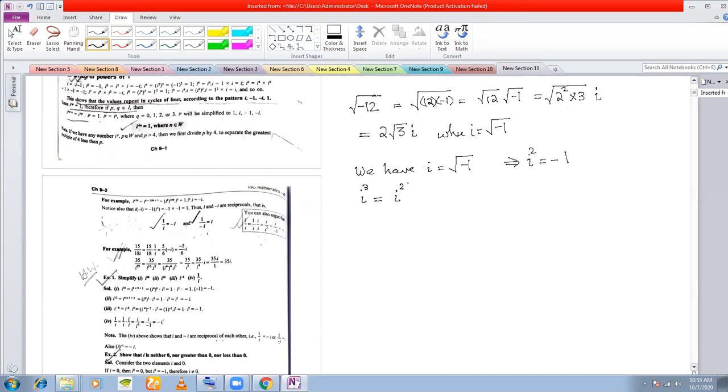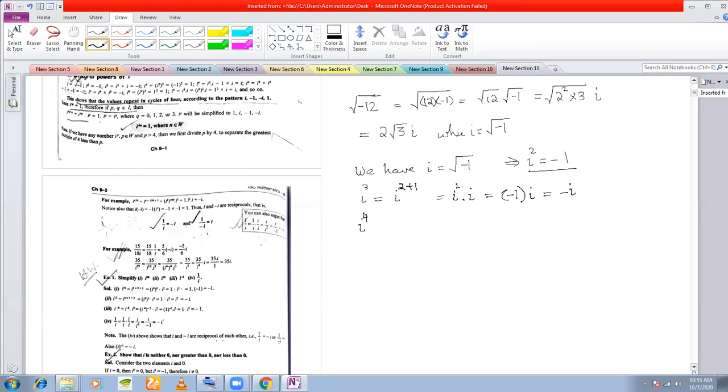You can write this as 2 plus 1. So you get i square into i. And what is the value of i square? Minus 1. i you write as it is. So you get minus i.